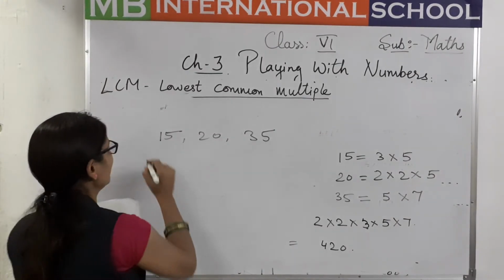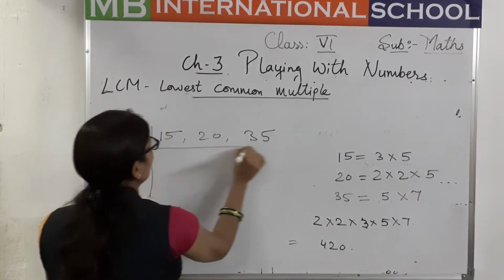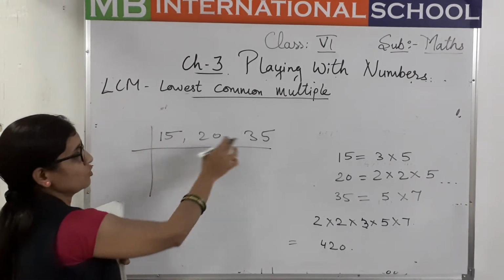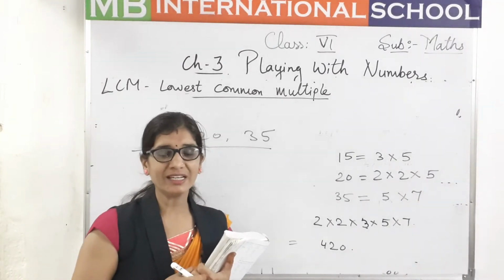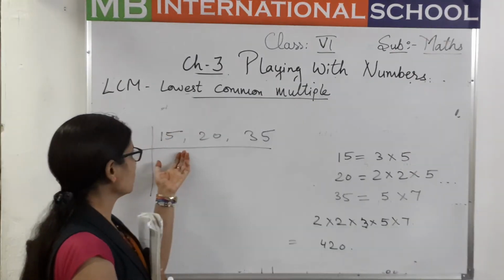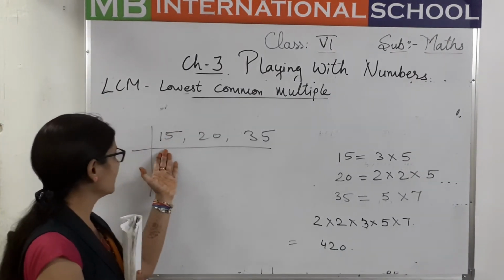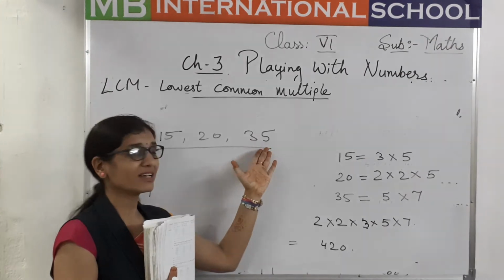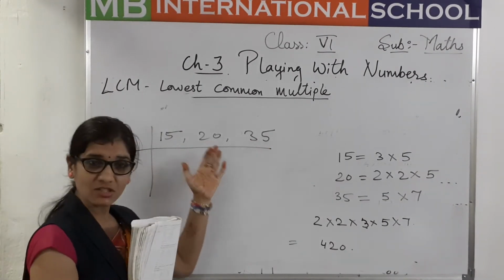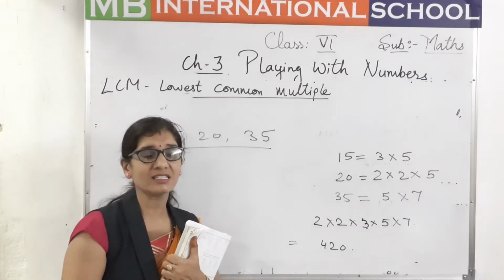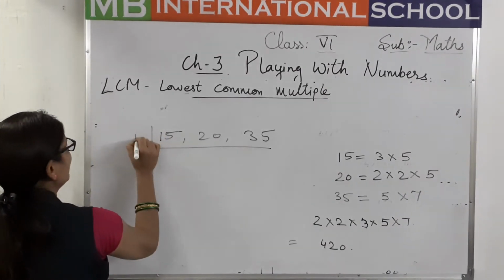That means here, we know that these two numbers are odd numbers and one number is an even number. So we can take 5 as the common number, because 15 is divisible by 5, as well as 35 is divisible by 5, and 20 is also divisible. So we can take 5 as a common number.